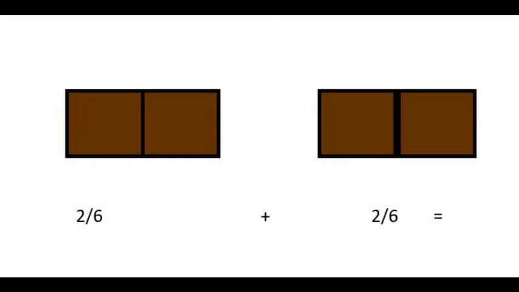See if you can work out how many sixths of the chocolate bar we have. That's right. Altogether, we have 4 pieces of the original chocolate bar. 4 of the 6 pieces. So that is 4/6. When adding or subtracting fractions, we only need to worry about the number on the top, the numerator, though it's the only number we need to change at the moment.